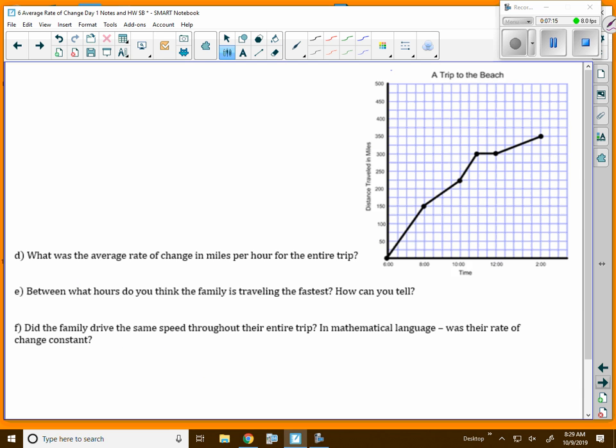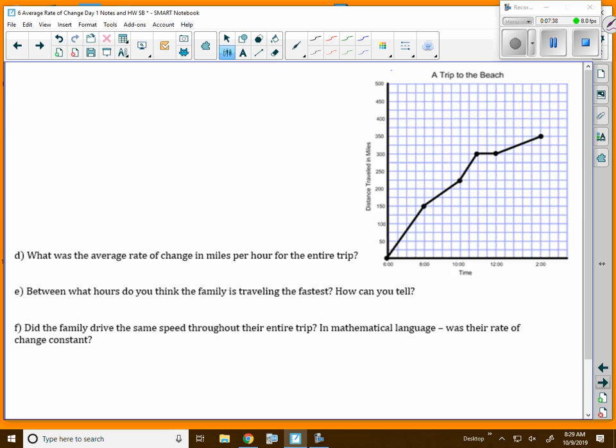All right, part D. What was the average rate of change in miles per hour for the entire trip? Now, this is an interesting question. Stay focused, please. This is an interesting question because is it a constant rate of change from start to finish? No. But they're saying, what is the average rate of change in miles per hour?